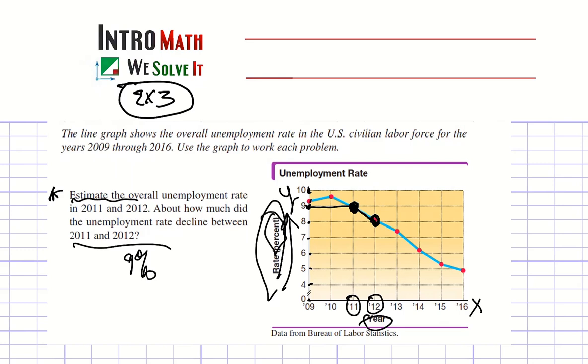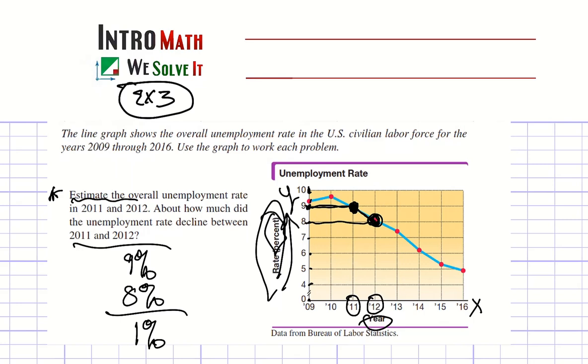It says here, rates are in percent. And then over here, go over here, it's 8. Over here it's 9. Okay, over there was 8% in 2012. 2011 it was 9%. If you subtract them, then you get the estimate. If you subtract them, you get 1%. That's how you read this. That's how I read it. You subtract, you get 1%.